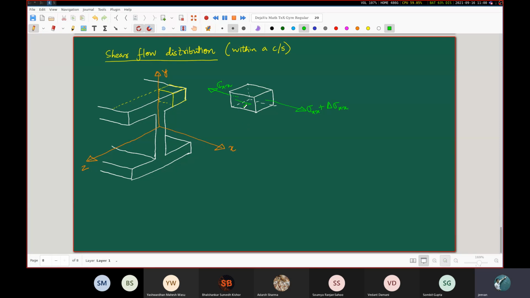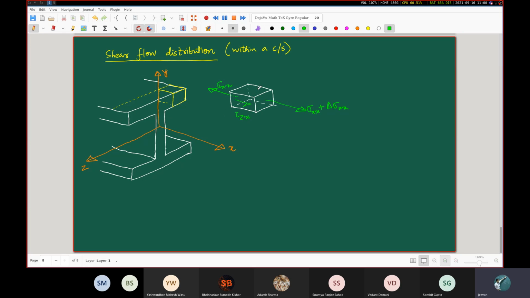So that shear stress is what? That is the tau zx. The unit outward normal to this face is along the positive z, so the shear stress direction must be along the positive x. If we write the force balance associated with these normal stresses and this shear stress, what are we going to obtain? Please also note that since we are considering this entire chunk, there is no contribution from the tau yx.